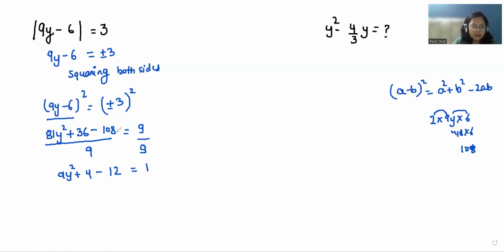Now this we can divide the whole equation by 3.